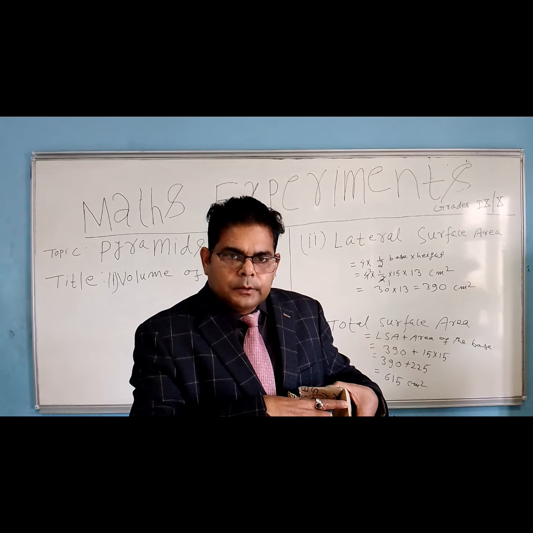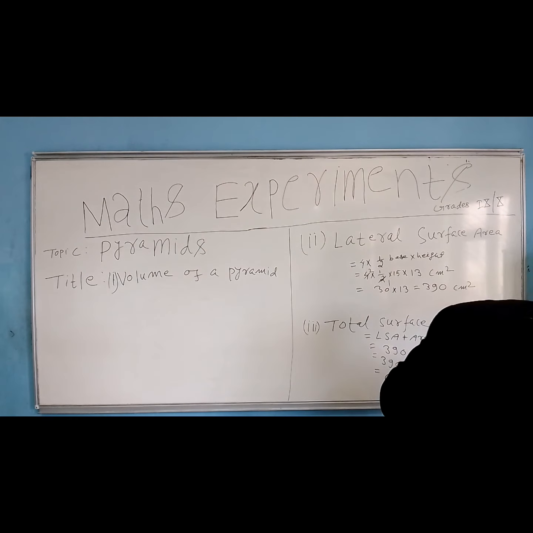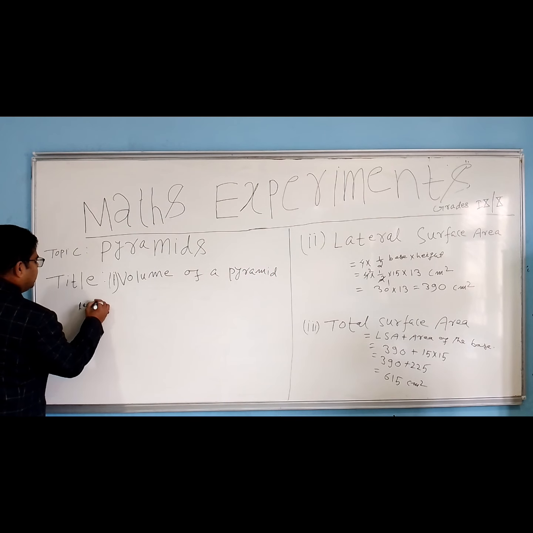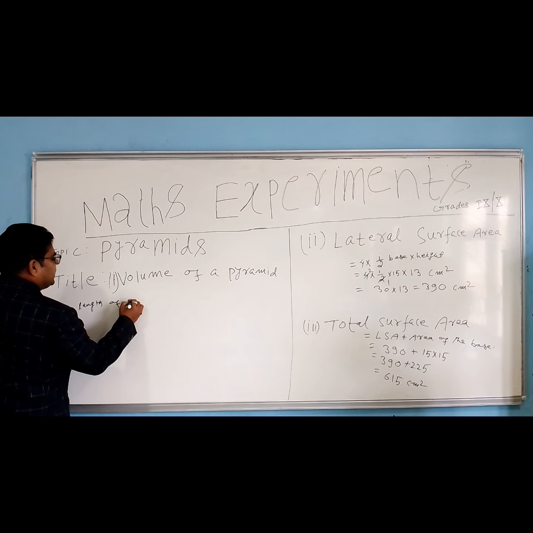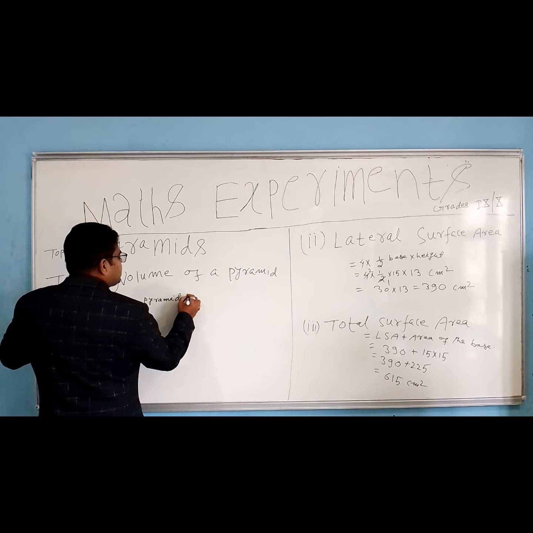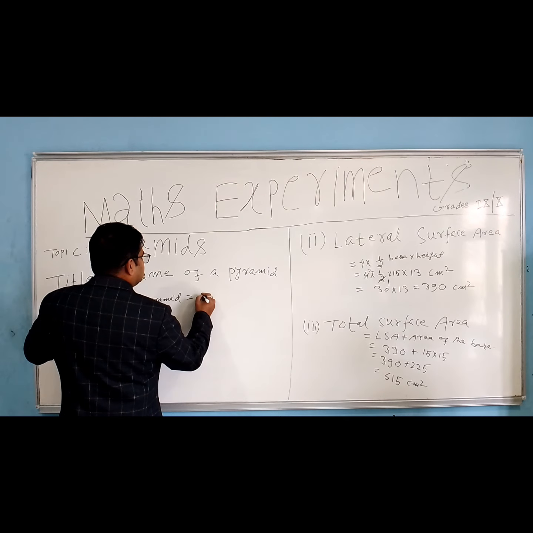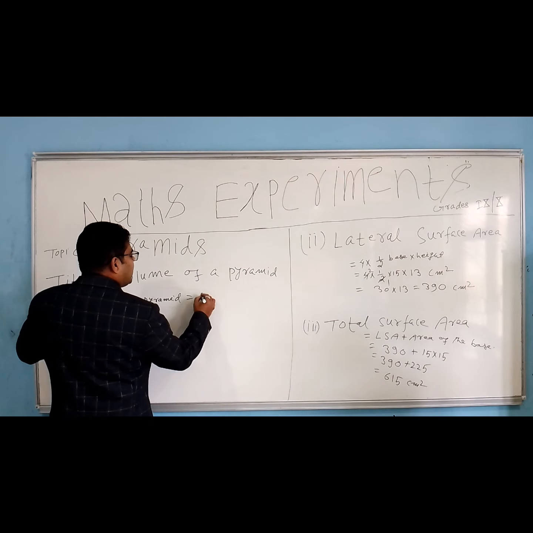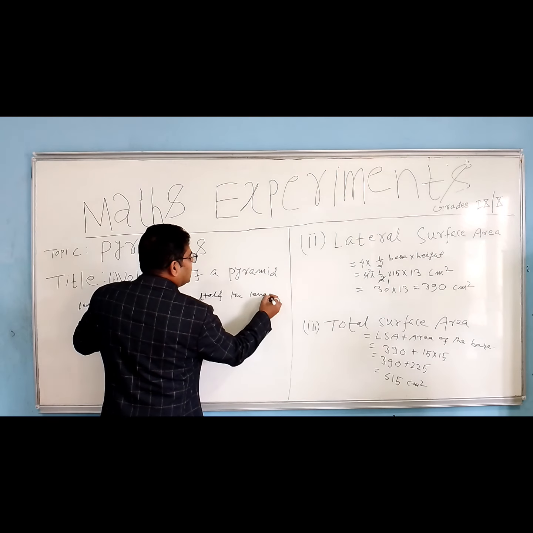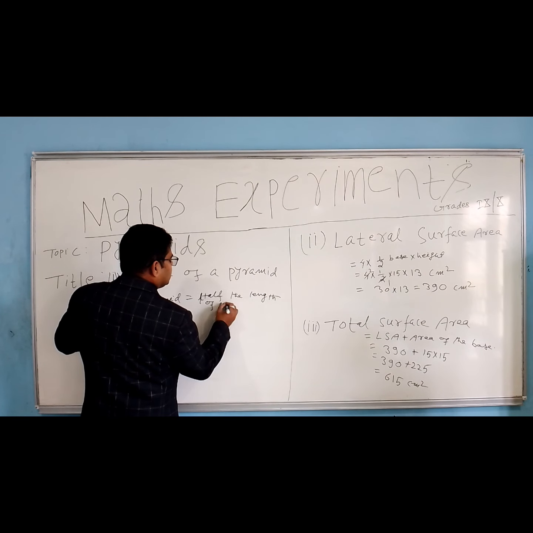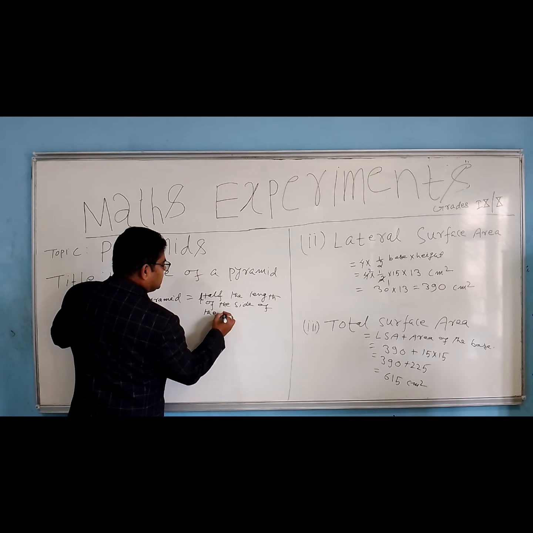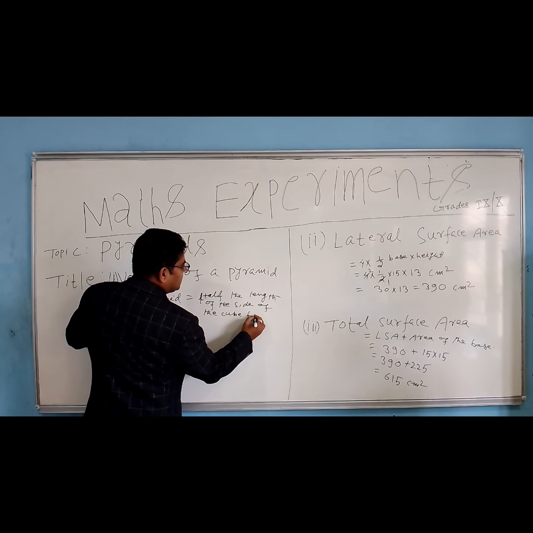So what you can write in this case is, first of all, the length of the pyramid. In this case, you can call this L. The height of the pyramid is actually half the length of the side of the cube formed.